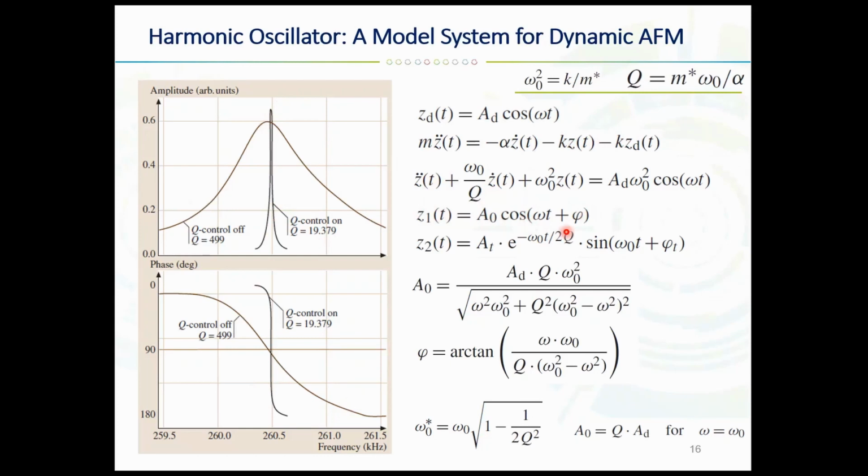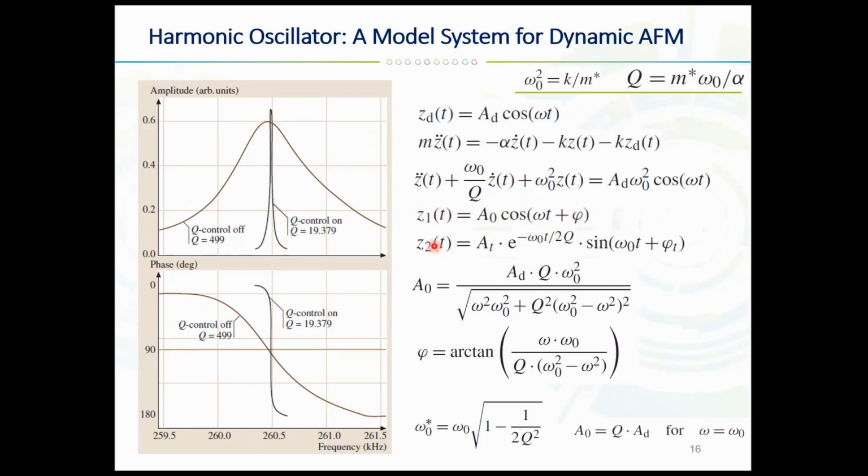In the transient regime, the oscillation amplitude will look like this. The important fact is that the exponential term causes this Z2 to diminish exponentially with the time constant tau. In vacuum conditions, only internal dissipation in the cantilever will be present, and Q will reach values of about 10,000 at typical frequencies of about 100,000 Hertz.